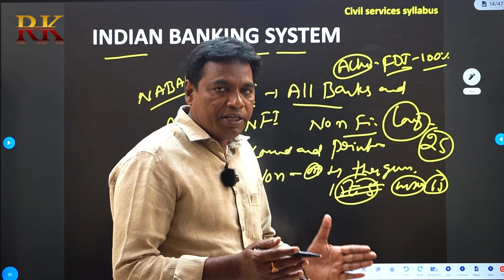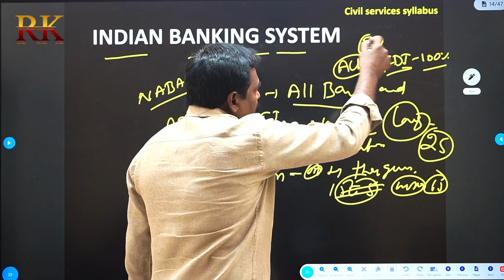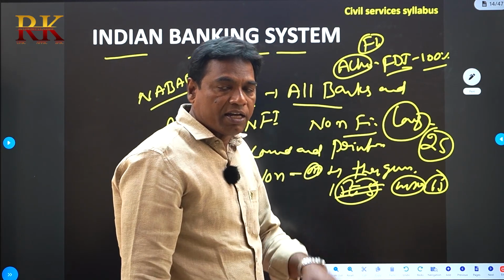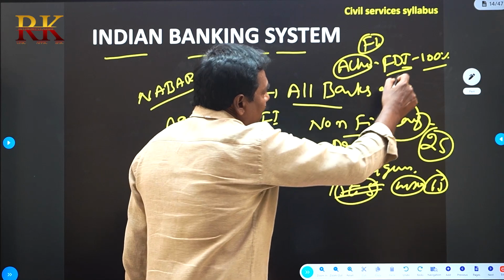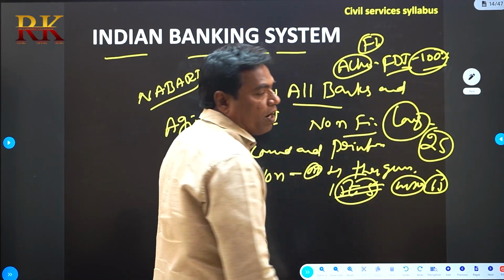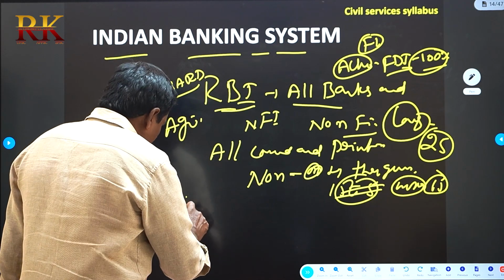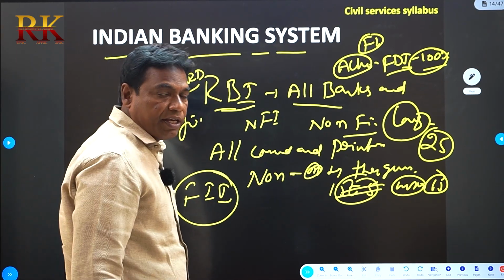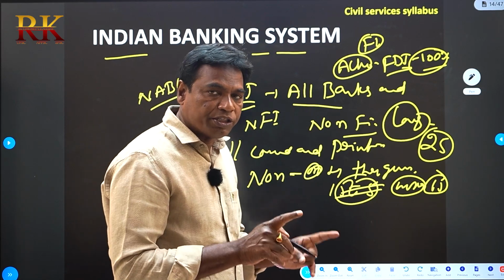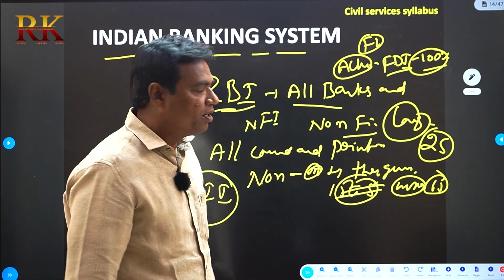Not only the banking system, other financial organizations and institutions also introduced 100% foreign direct investment, along with FII, foreign institutional investment. FII and FDI are both important for the Indian banking system.